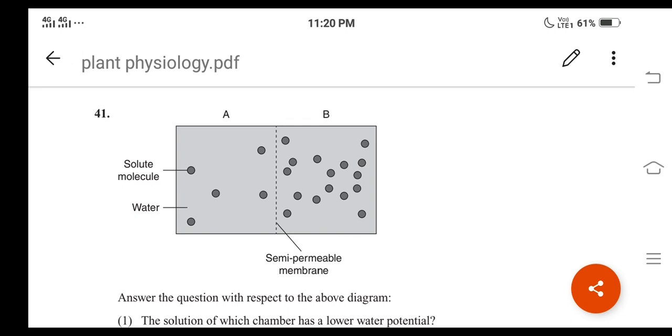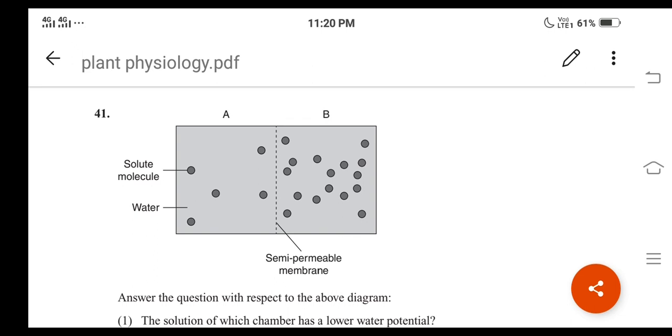Here two chambers are there, mentioned as A and B, and in between is a semi permeable membrane. In chamber A, the solution has water molecules and few solute molecules, so water concentration is more and solute concentration is less.